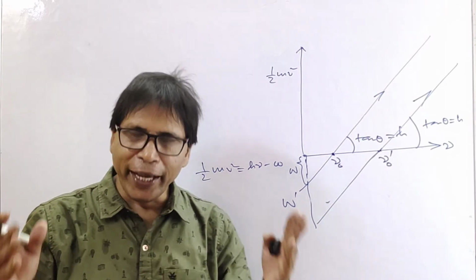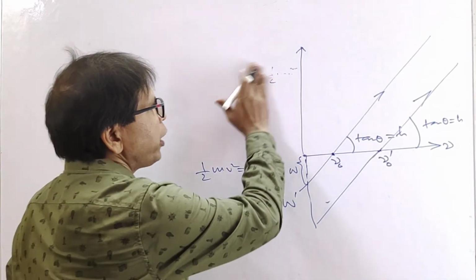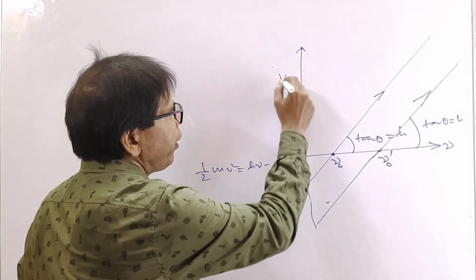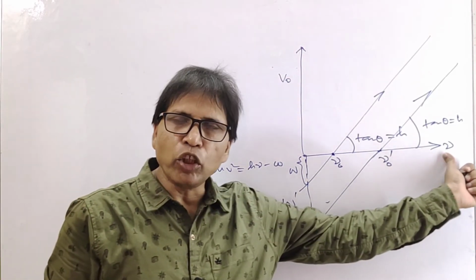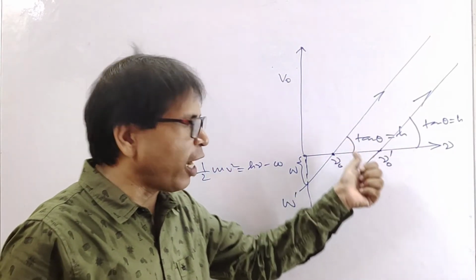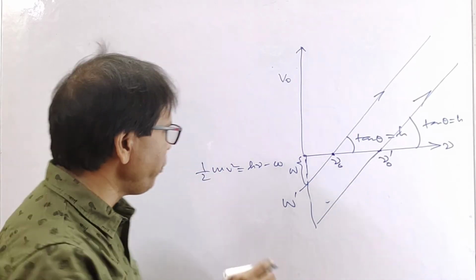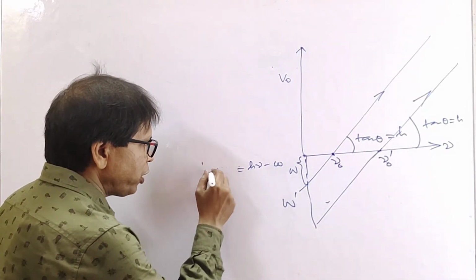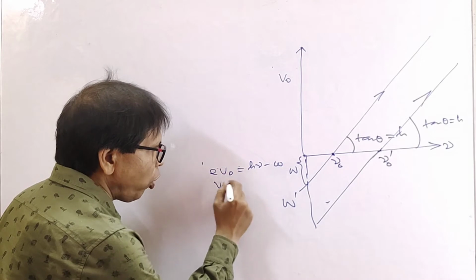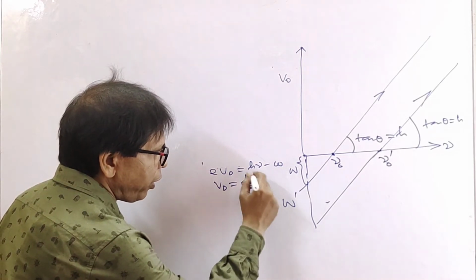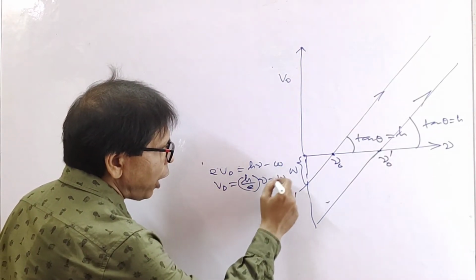Now if another graph is drawn between the stopping potential V naught and the frequency of radiation, this graph is also a straight line having a slope. If this is eV naught, then V naught is h by e into nu minus w by e.